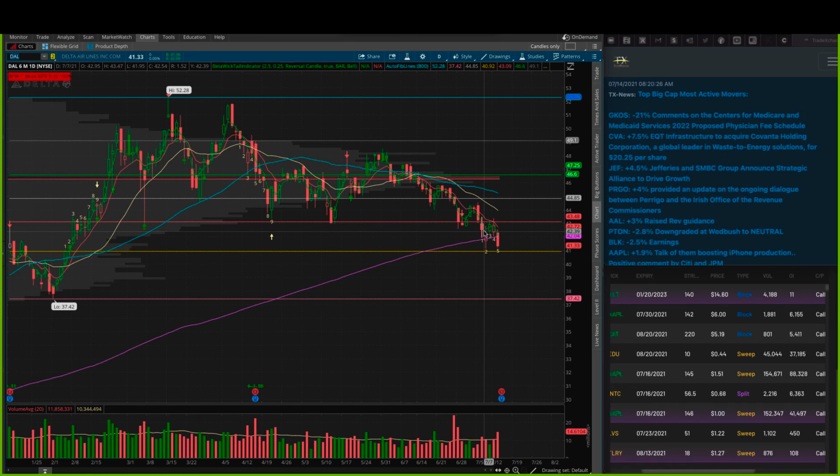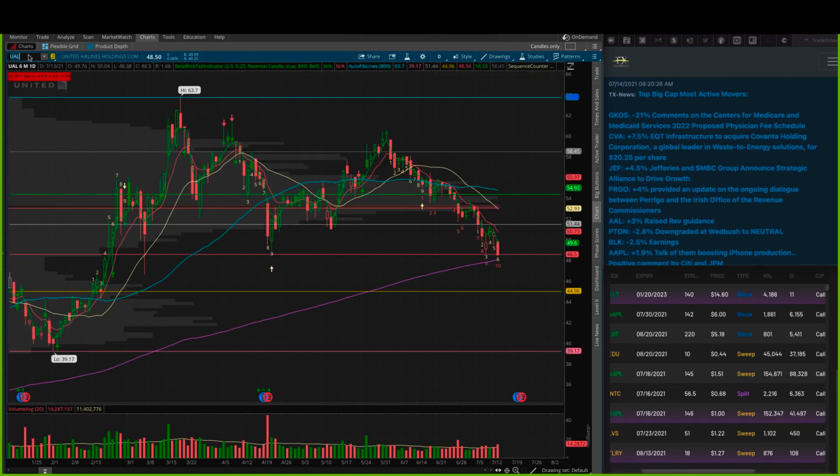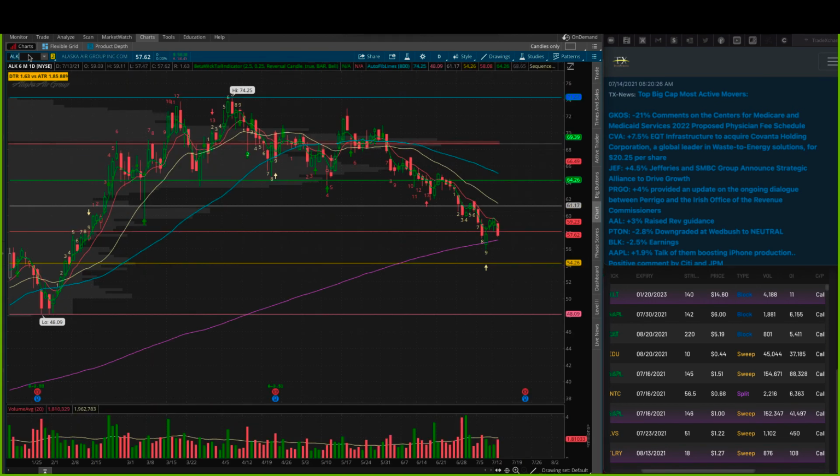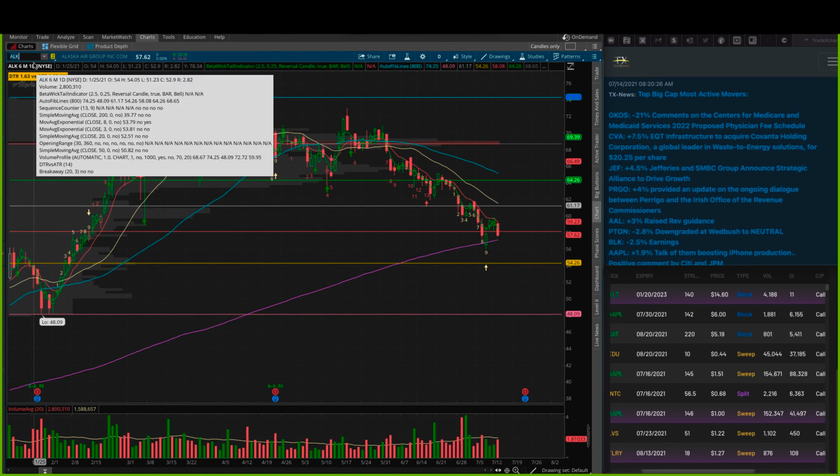So keep an eye on all of these, whether it's Delta, United, or you can stick more locally with Southwest Airlines, ALK, and watch for some decent reversals in these, especially if they bounce off the 200. Maybe the earnings from Delta will help spur some of these to reverse, and some of them have earnings coming up, so maybe a nice little catalyst. Looking forward to those other earnings, so keep an eye on those as well.